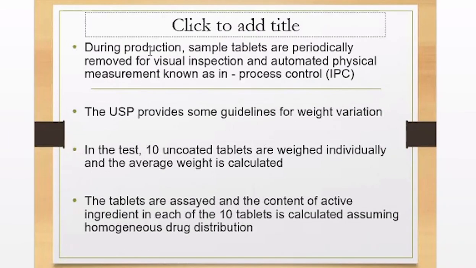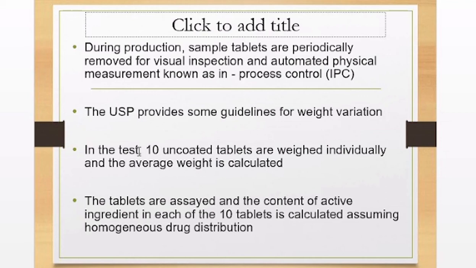During production, some tablets are periodically removed for visual inspection and automated physical measurement. This is during in-process testing or control. Then the USP provides some guidelines for weight variation. In the test, 10 uncoated tablets are weighed individually and the average weight is calculated.